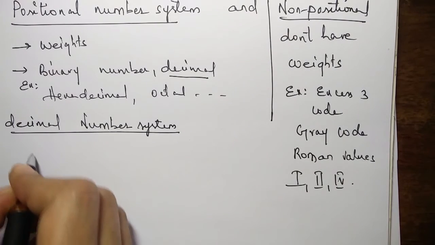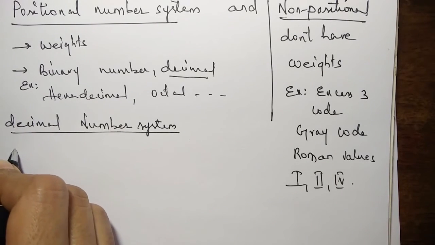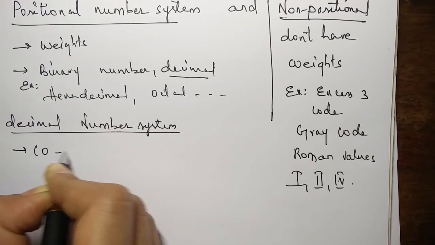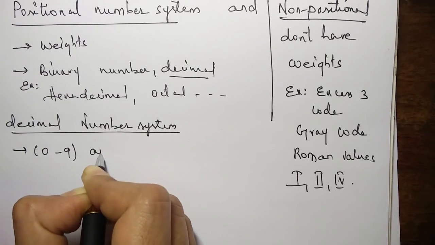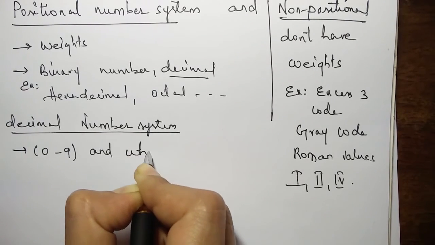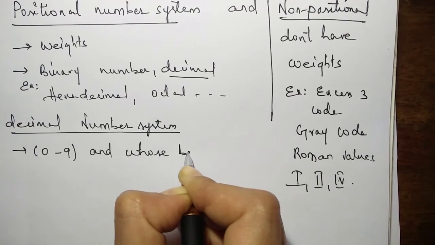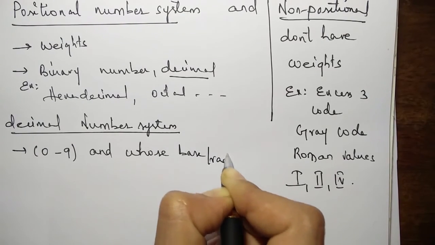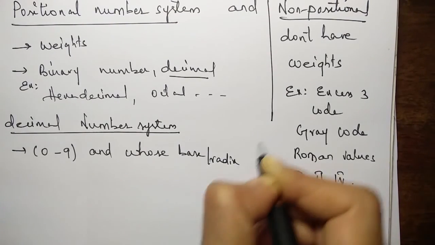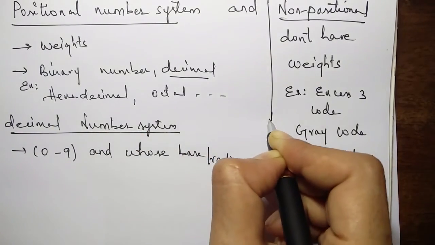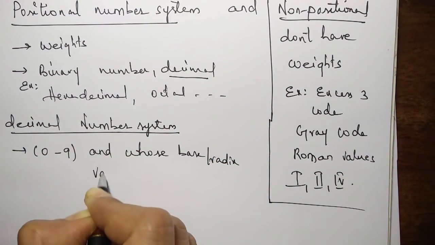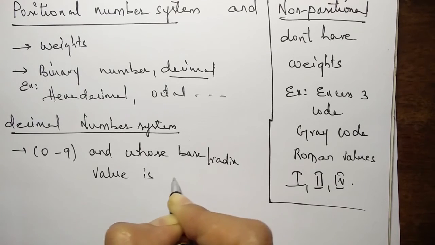A number system which takes values from 0 to 9 and whose base radix value is 10 is the decimal number system.